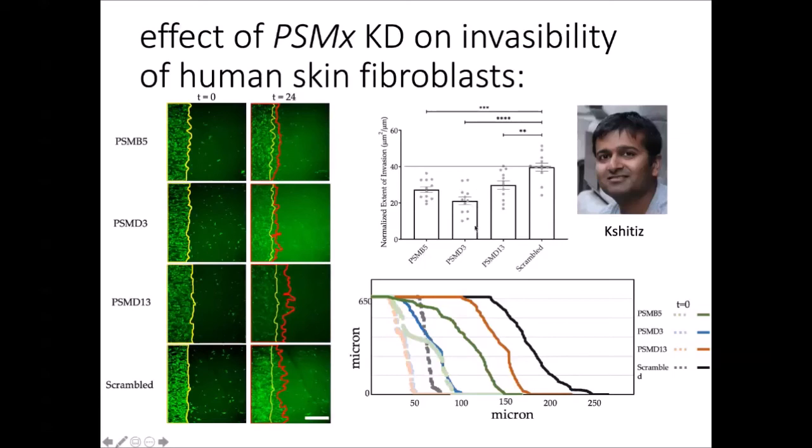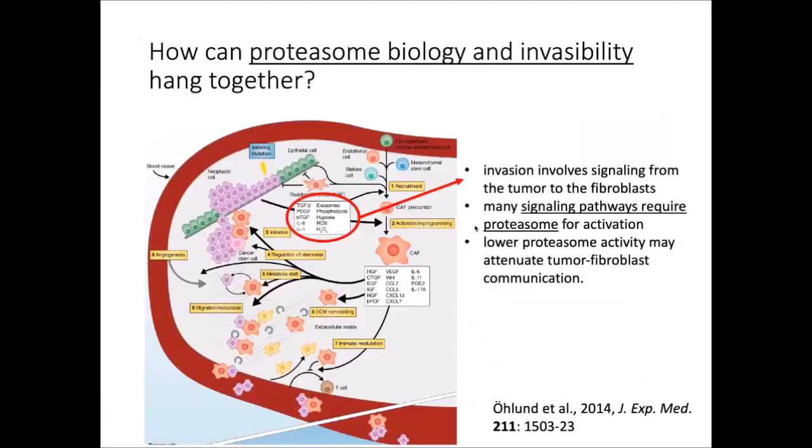Okay, but it's still not clear how and why proteasomes should relate to invasibility. And here I'm returning to the model that I showed you earlier, namely that malignancy and invasibility, at least in cancer cases, require the cooperation of cancer-associated fibroblasts, and they get recruited through signals from the tumor cells.